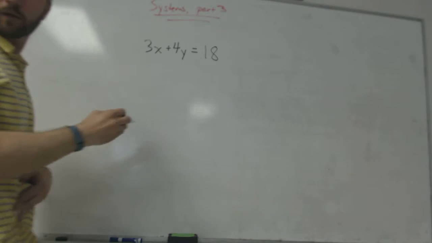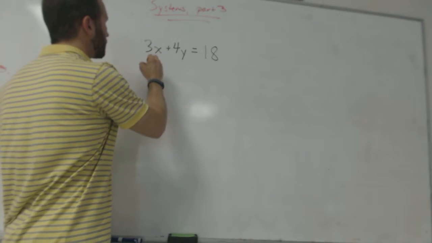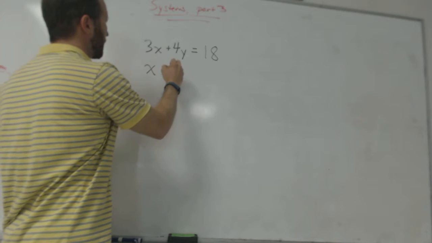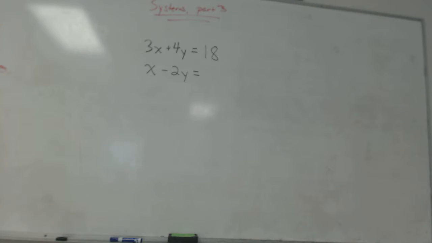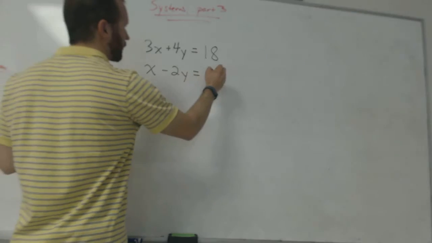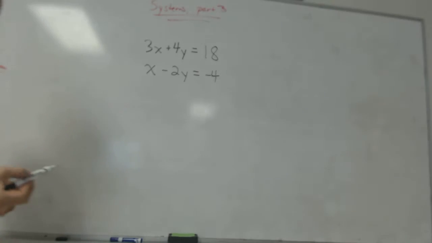And then x minus 2y equals negative. I got that down.